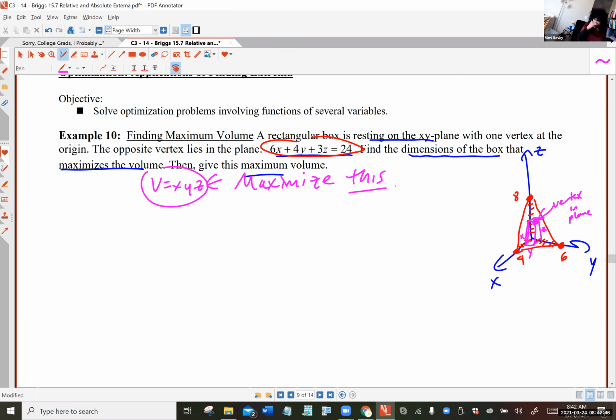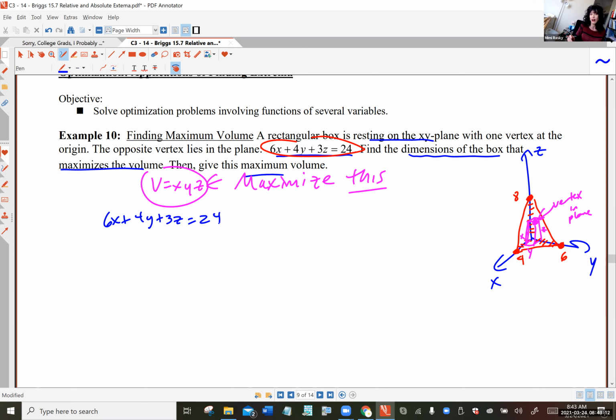A big mistake that students make, especially with word problems, is they start just reading and then they don't want to really understand or comprehend, and they just start writing stuff down and then doing math willy-nilly without thinking. So the plane equation they gave you there, the 6x plus 4y plus 3z equals 24, you're not to maximize that equation.